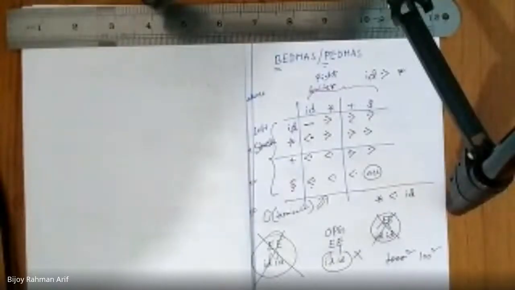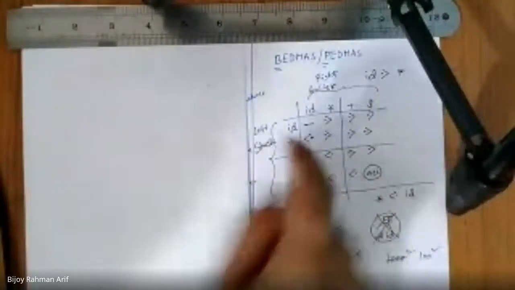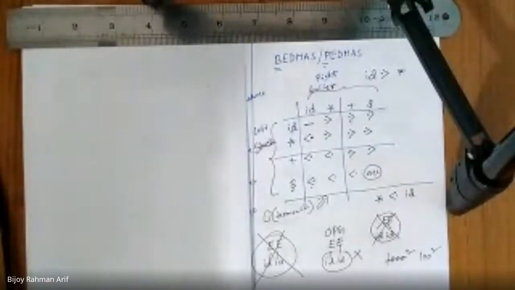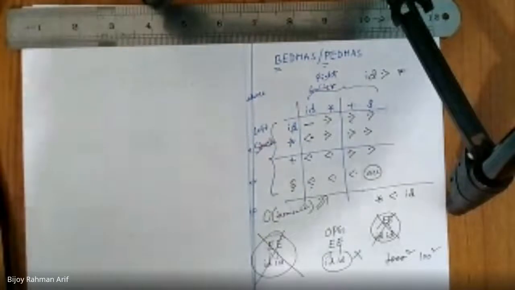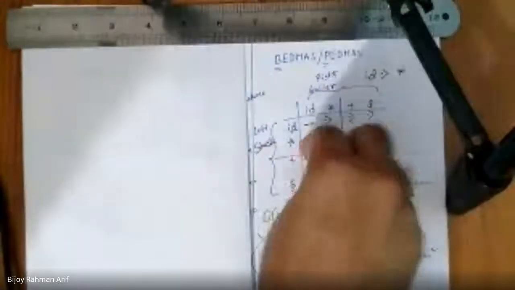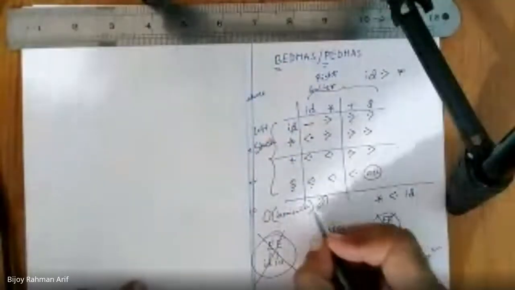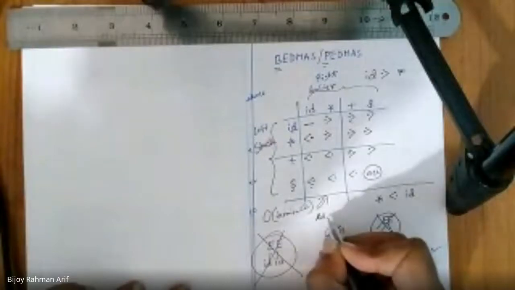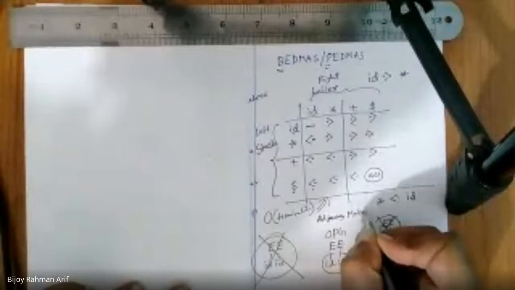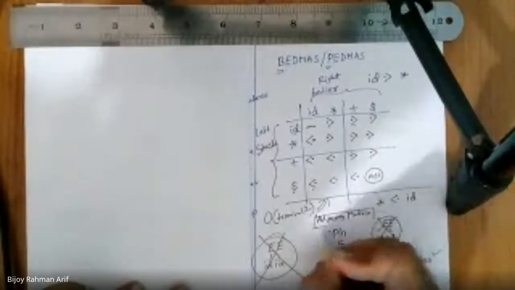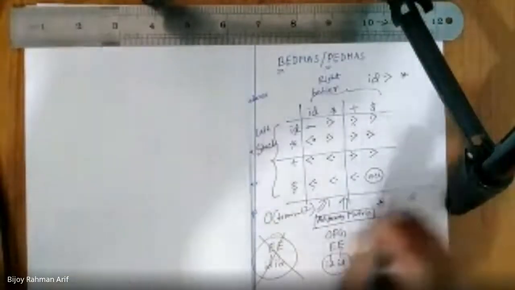The first one is the adjacency matrix. This matrix is nothing but an adjacency matrix. So we are going to convert this adjacency matrix to an adjacency list.